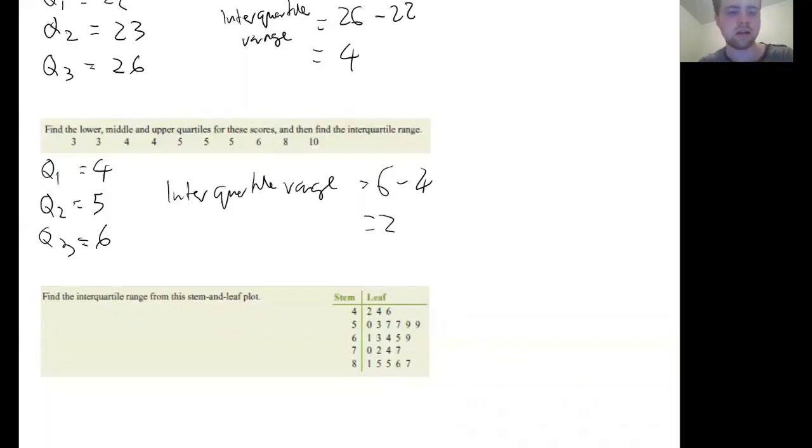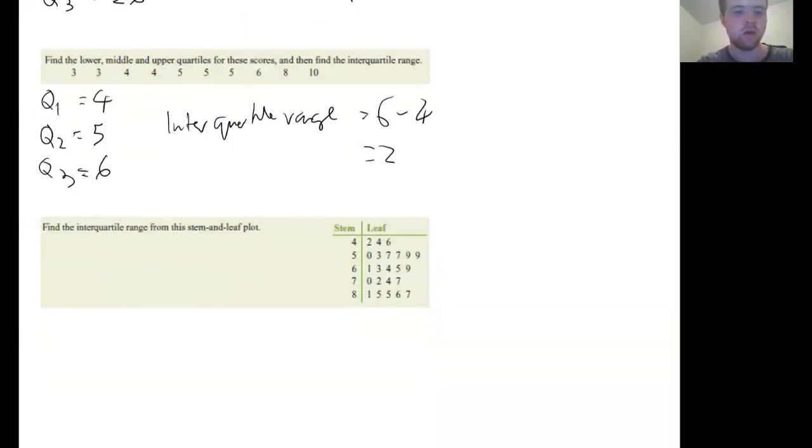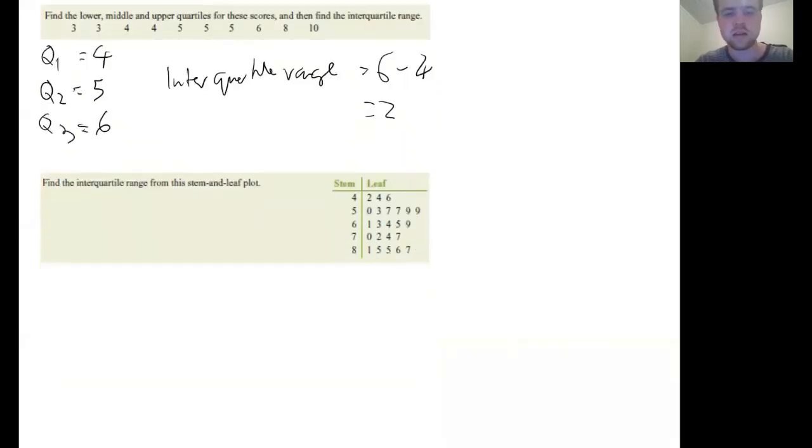Okay, so let's look at our last question here. Here we have a stem and leaf plot, and we're going to find the interquartile range for it. Just like we can read off a stem and leaf plot as if it was a list of scores from lowest to highest, we're going to do the same process. We're going to find these quartiles before we can then find the interquartile range.